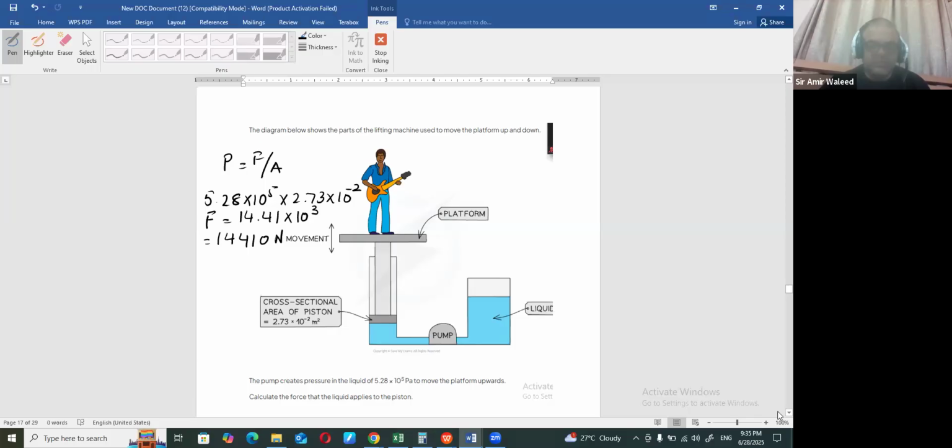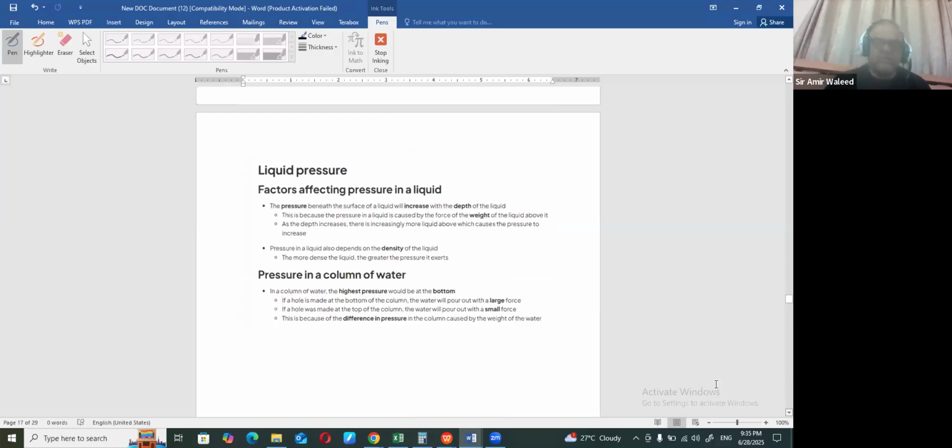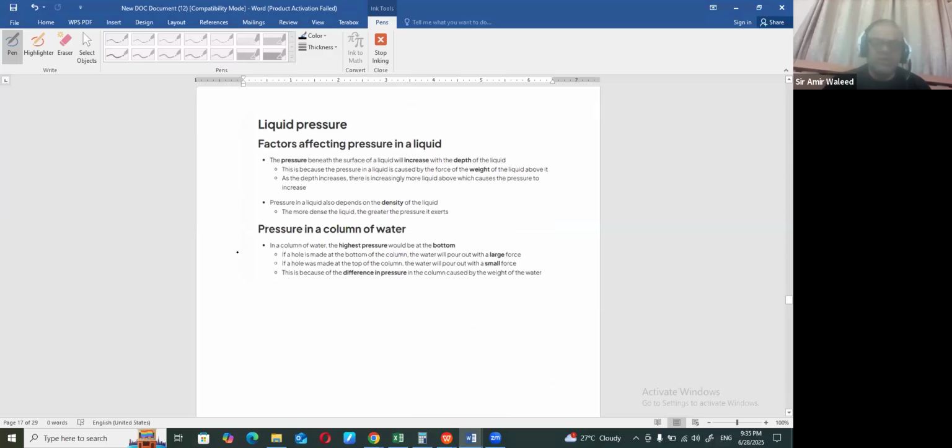Now, the next small topic relevant to that is pressure in a liquid. The important part is that the pressure in a liquid is equal to rho g h. Now, this h is not a height, this h is a depth. So the more the depth, the more the pressure, plus the density: the more the density, the more the pressure.